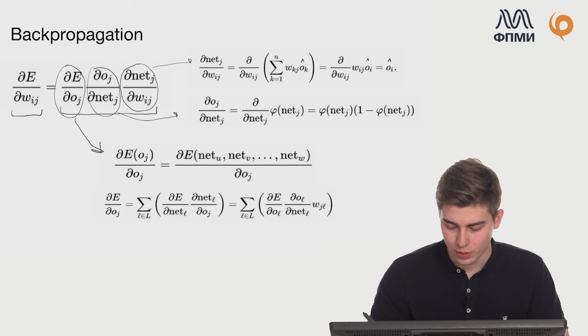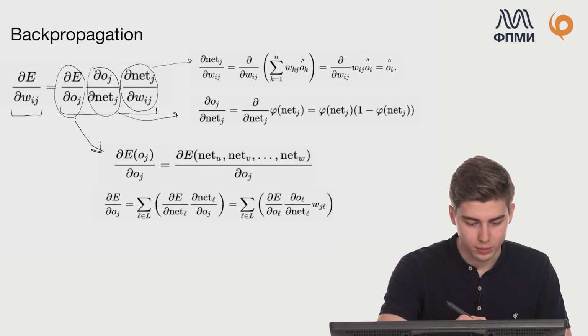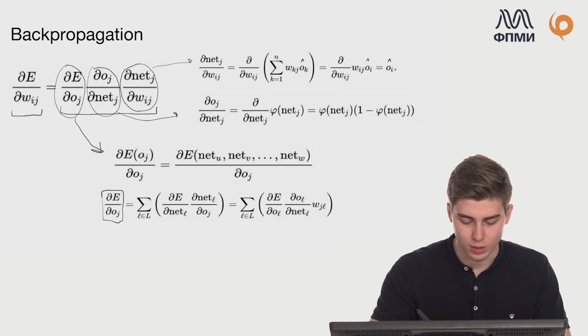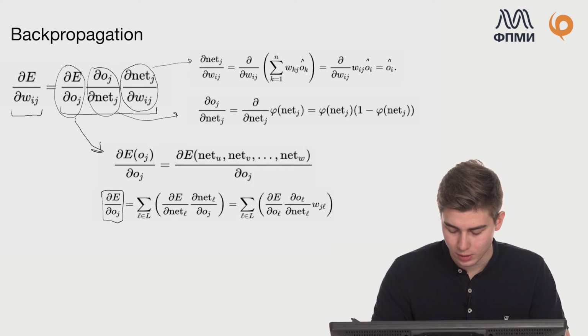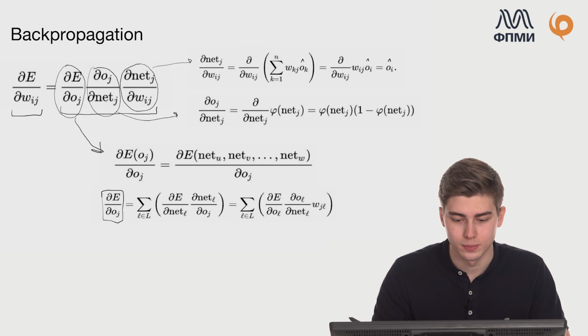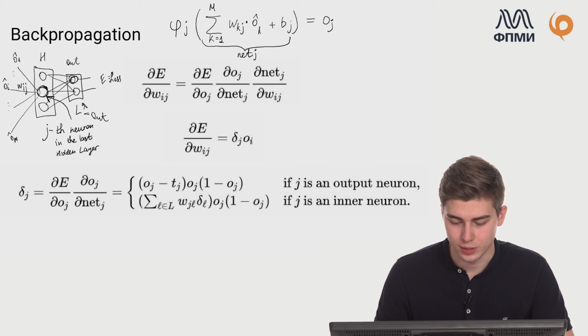And we come up to the final expression for the partial derivative of the error with respect to the outputs of the hidden neuron. And now we can write it in the following way. Take some time to realize the expressions displayed on the screen. It's very important to understand what we have reached so far.